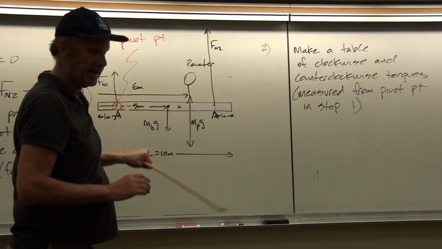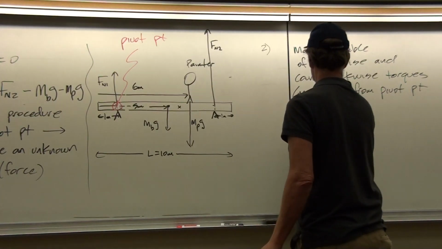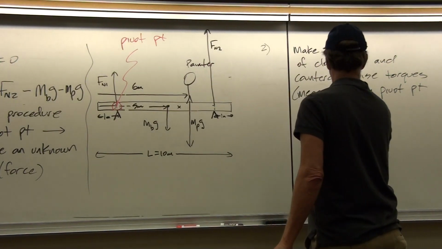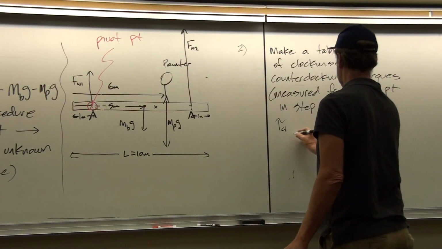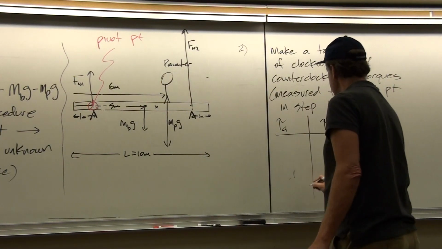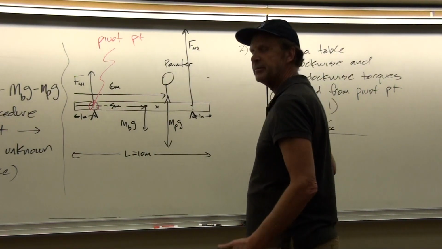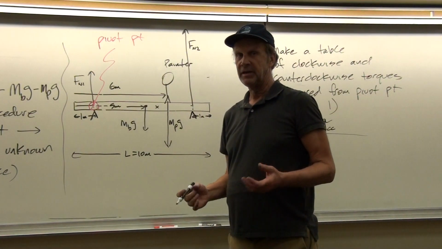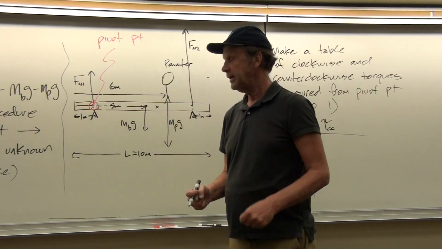Okay, so the two masses then are going to give me clockwise torques, and the F normal 2 is going to give us a counterclockwise torque. So I'm just going to make a table of those. Now, when I'm all done, I'm going to set these equal to each other because the clockwise and the counterclockwise have to cancel out.